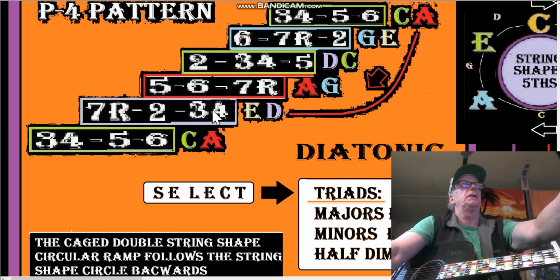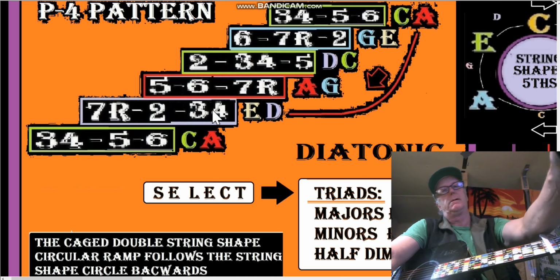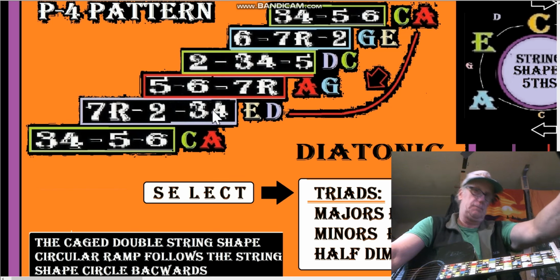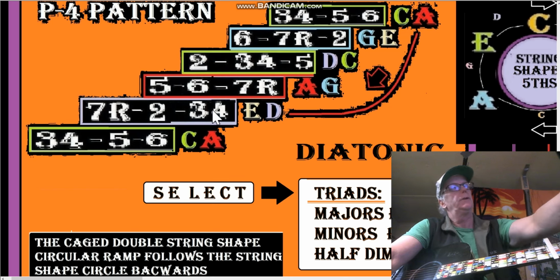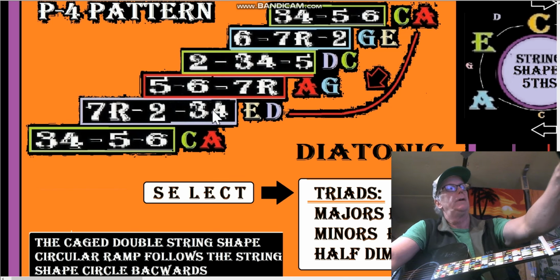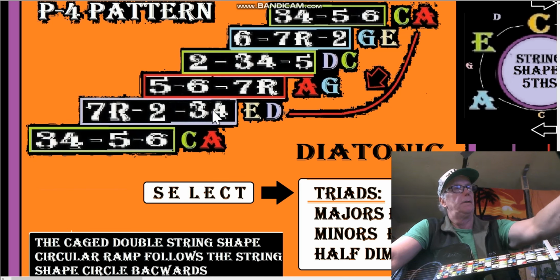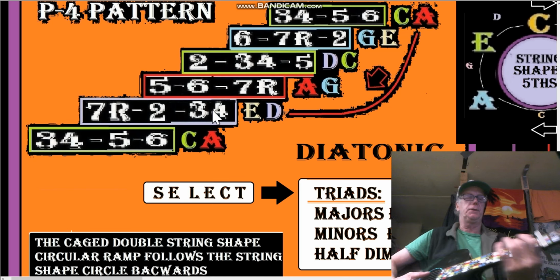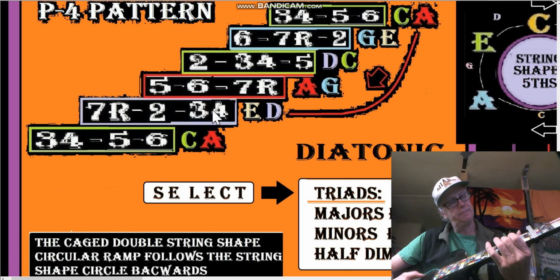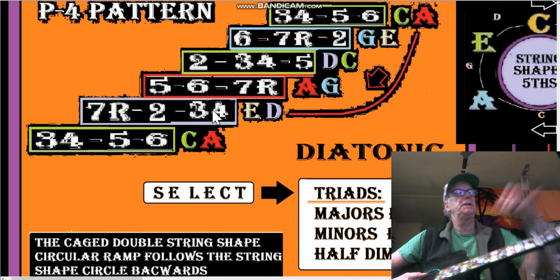We want to do something like, you go down one, it's the fifth. I can't do it that fast on the guitar. We start on the E, that would be E minor 7.